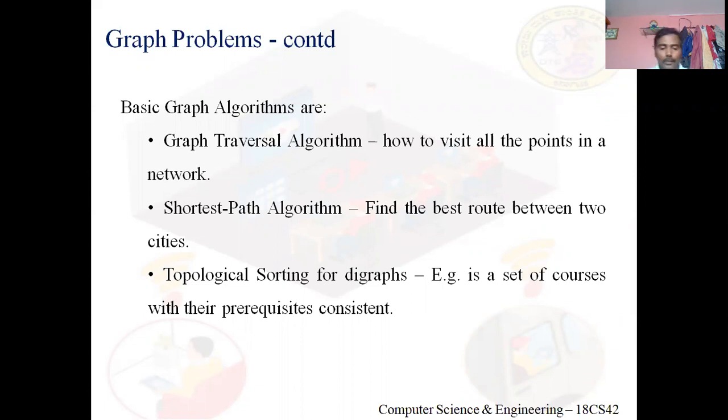Let me explain. Now you're studying this algorithm, right? Can I teach you an algorithm in your first semester itself? No, because you need a prerequisite to study algorithms. One is discrete mathematical structures.